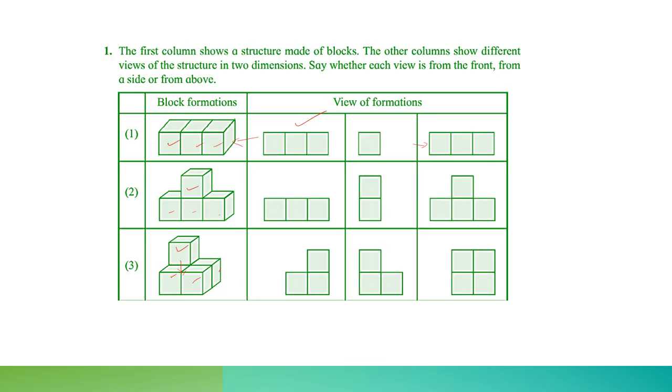So you are asked to apply your common sense, your visualization to answer, say whether each view is from front or from side or from above. This you have to write along with. आपको करना है. You have to think and write the answer. This is from the textbook, you will write in your notebook.